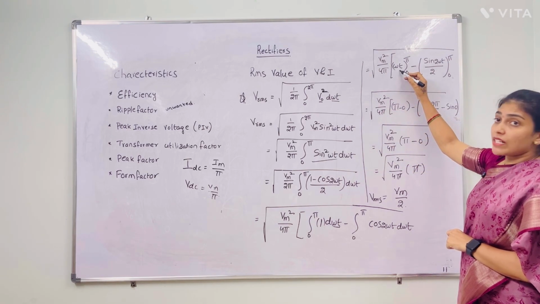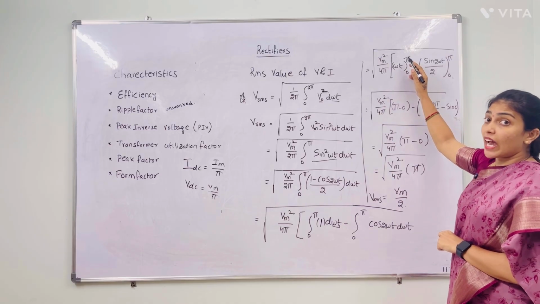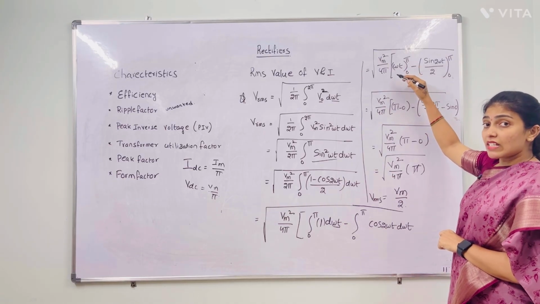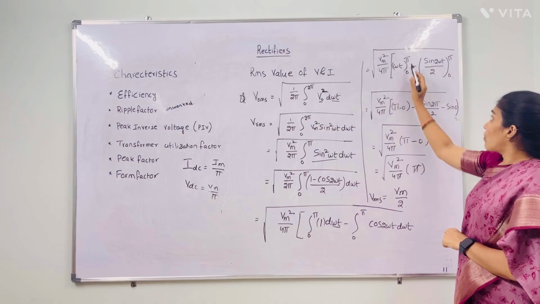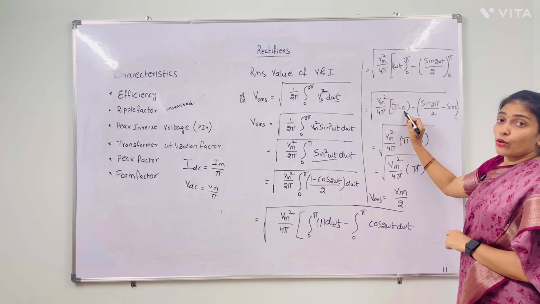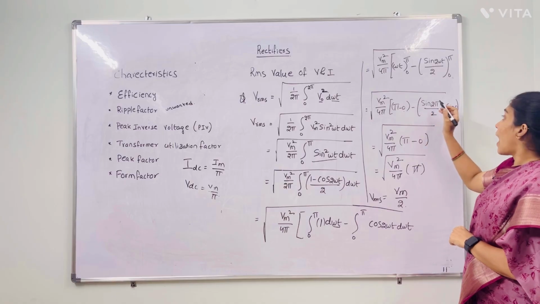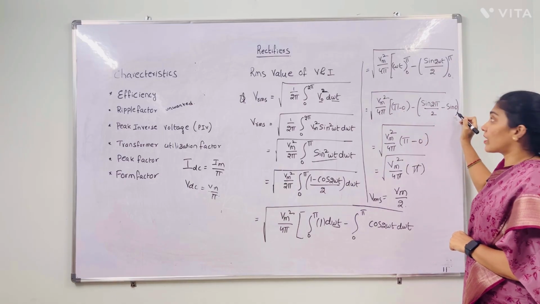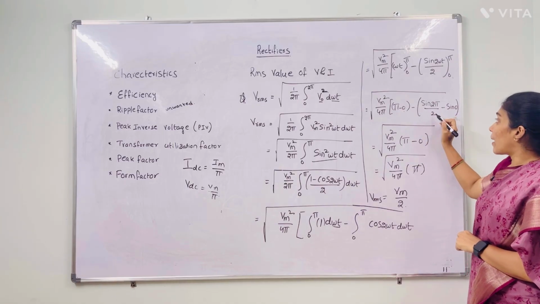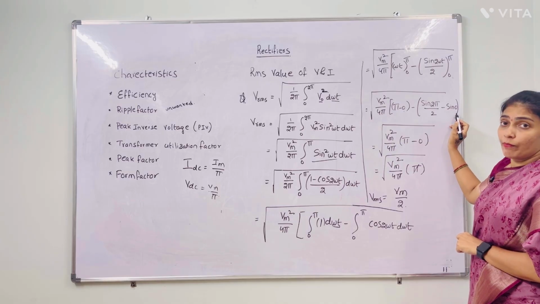Applying limits, first apply the upper limit minus the lower limit. So pi minus 0, minus, as it is, again apply the upper limit first and then the lower limit: sine 2 pi by 2 minus sine 0.